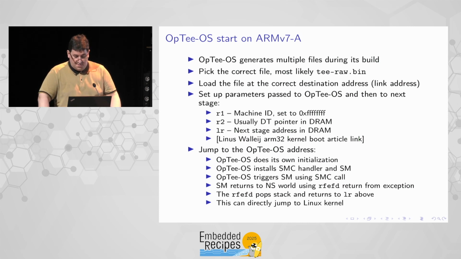The secure monitor actually signals to the OpTee-OS that the initialization completed, and then it will pop stack and attempt to return to whatever was in the link register. And whatever OpTee-OS is returning to will be running in non-secure mode. Usually that's going to be the Linux kernel entry point.